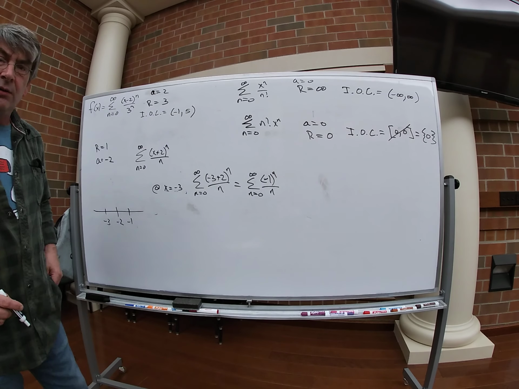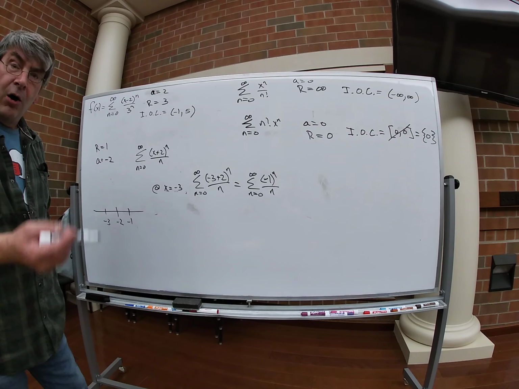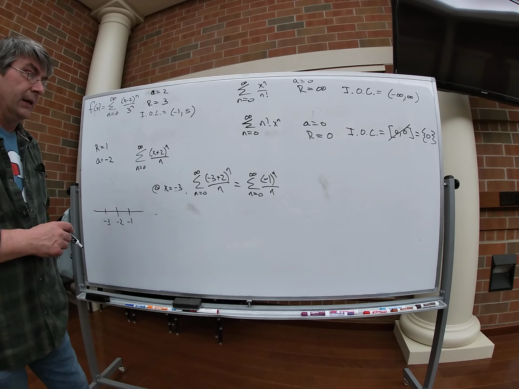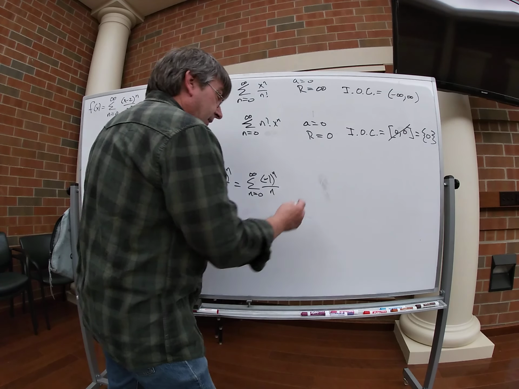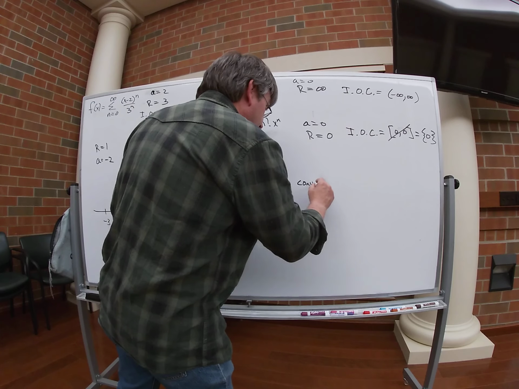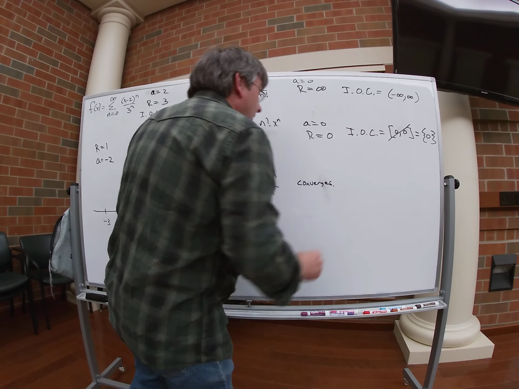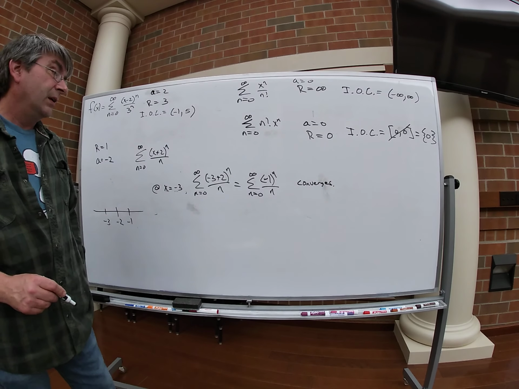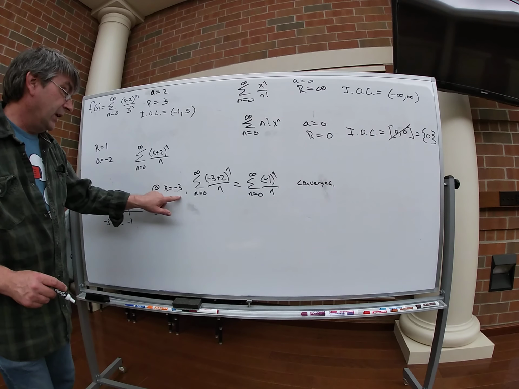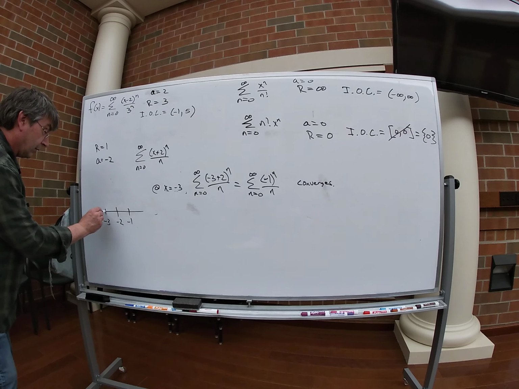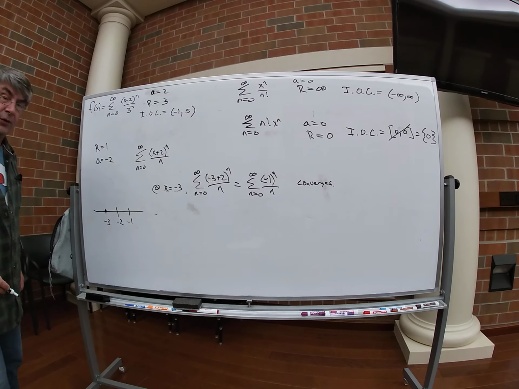Anyone recognize that series? That's the alternating harmonic series. Right? So this is the guy that converges, but it converges conditionally. Doesn't converge absolutely. So this series, we get convergence at -3. I'm going to put a solid dot there to mean we get convergence.